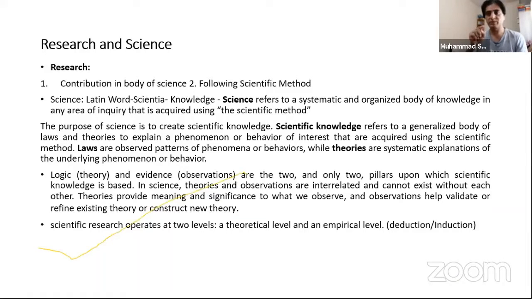So theories provide meaning and significance to what we observe, and observation helps validate or refine existing theory or construct a new theory. Scientific research operates at two levels, a theoretical level and an empirical level, meaning deduction and induction. So there's a need to explore or explain deduction and induction. In the next slide, we will explain deduction and induction.